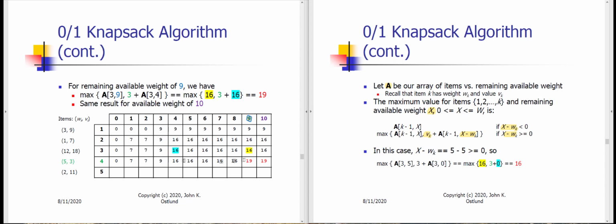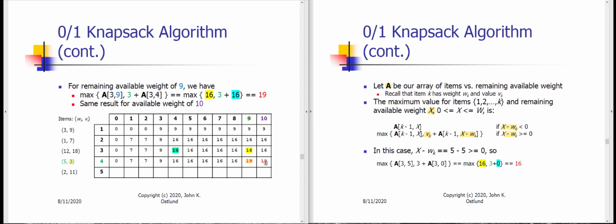So if we take the 3 units of value from item 4 and add to that the 16 units of value that we can get by using items 1, 2, and or 3 in the remaining 4 locations, we finally get above 16. So now we've got a value of 3 plus 16, and that gets us 19.